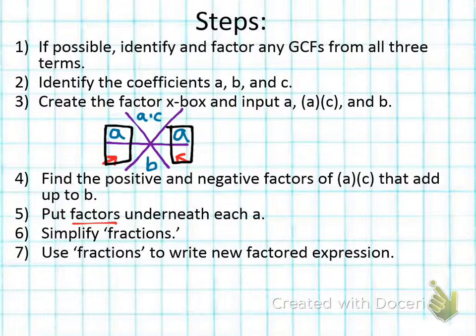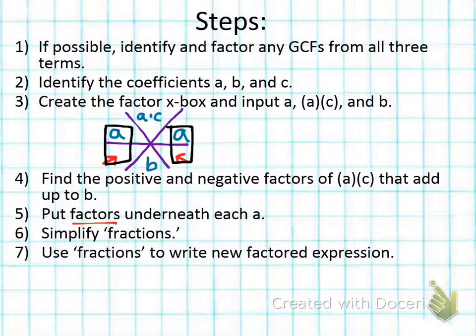Do you see my little air quote fractions here? They're fractions, sort of. So the next step that we're going to do is simplify those. So if I have 2 over 4, I'm going to simplify that to 1 over 2. Does that make sense? So I'm simplifying here.